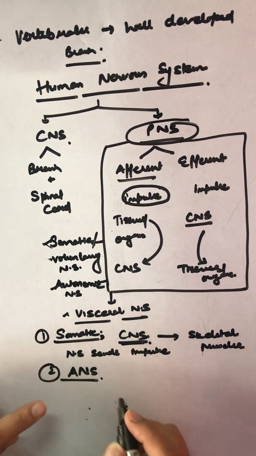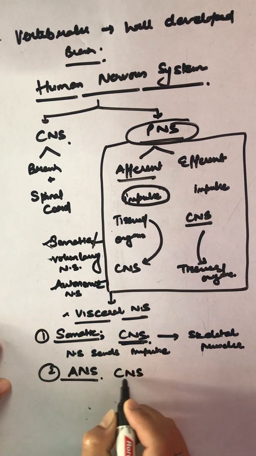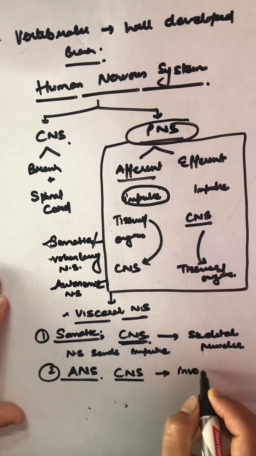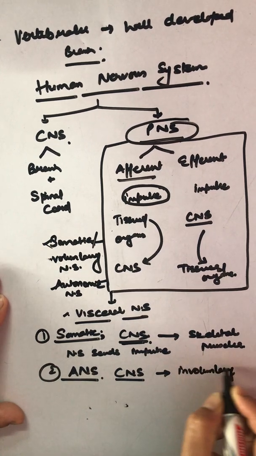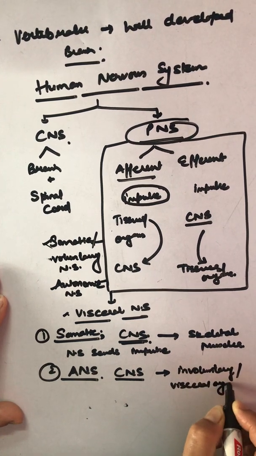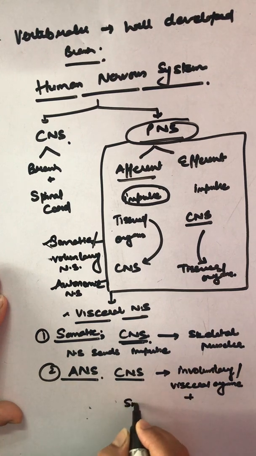Here, the involuntary nervous system sends impulses from the CNS to the visceral organs of the body, along with the smooth muscles of the body.